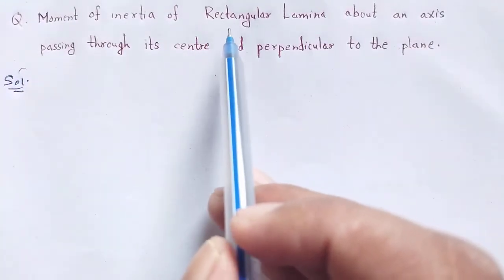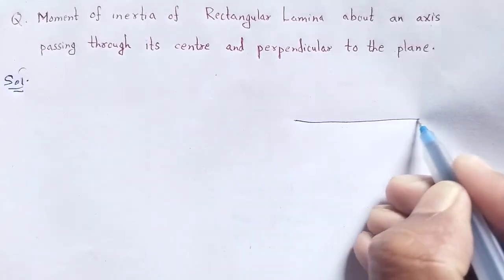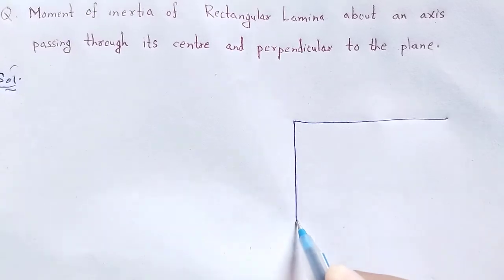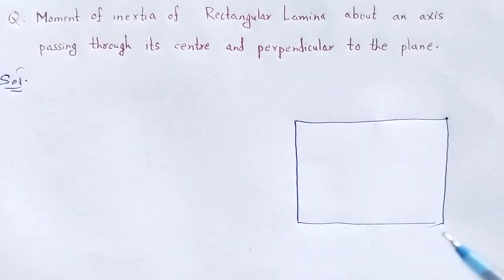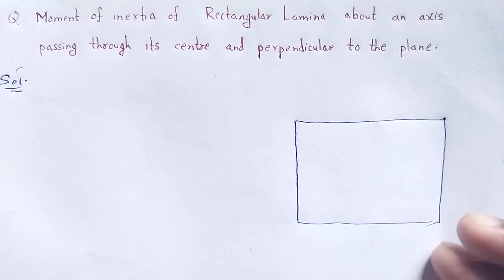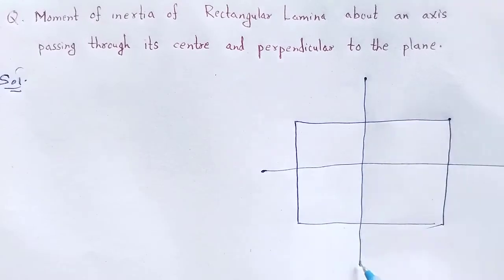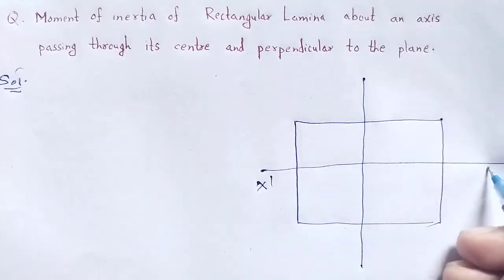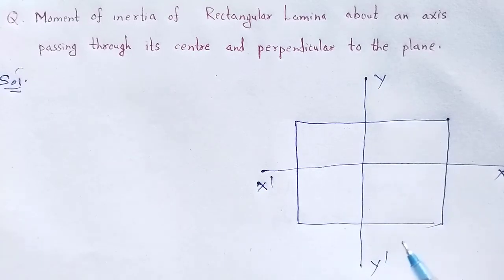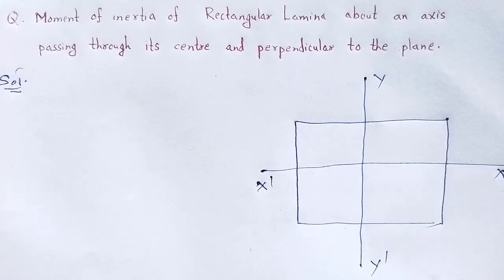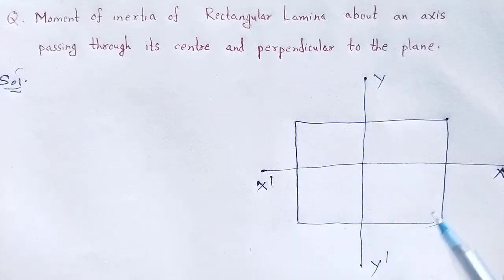Question: moment of inertia of a rectangular lamina. Take a rectangular lamina. For symmetry, the axes are X'OX and Y'OY.